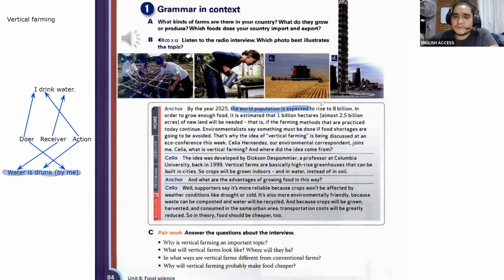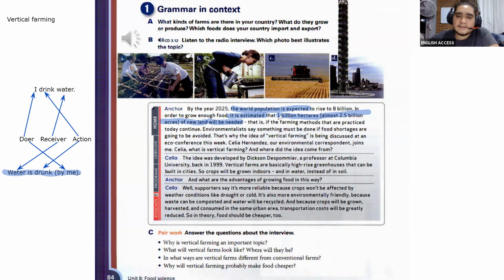So, the world population is expected to rise to 8 billion. In order to grow enough food, it is estimated that 1 billion hectares, almost 2.5 billion acres of new land will be needed. This is actually all part of the same sentence.